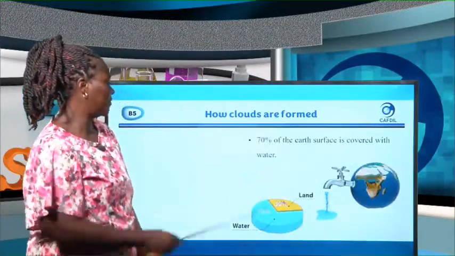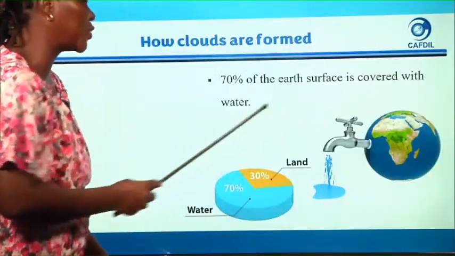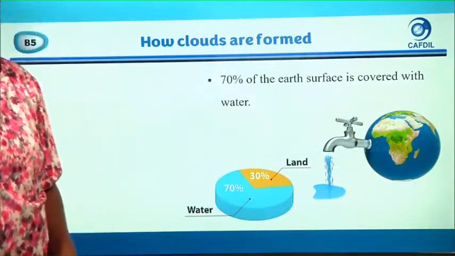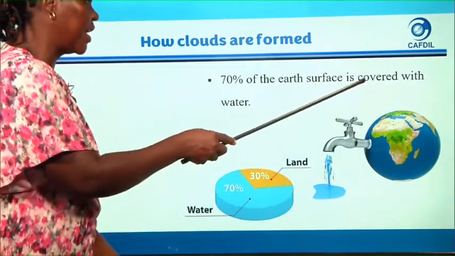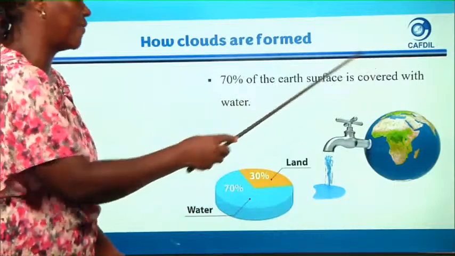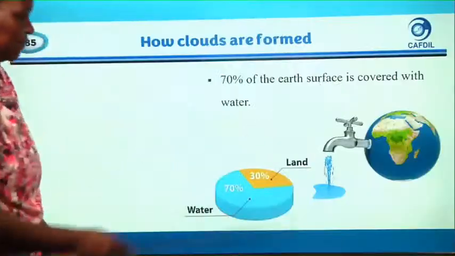Good. Now, 70% of the Earth's surface is covered with water. If you look at the globe, you see that 70% of the Earth's surface is covered with water. Let's look at the picture here.